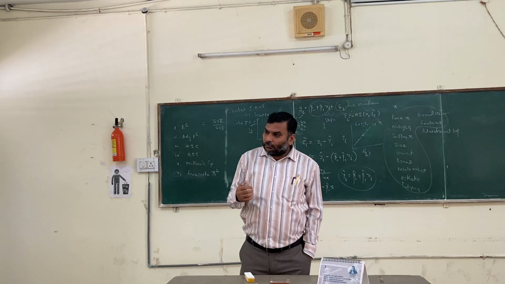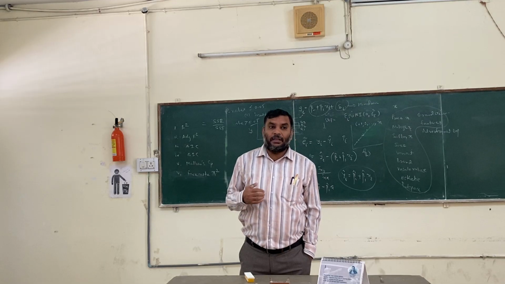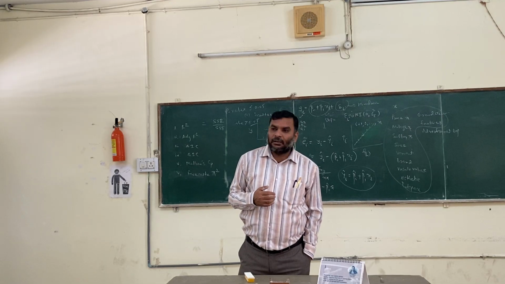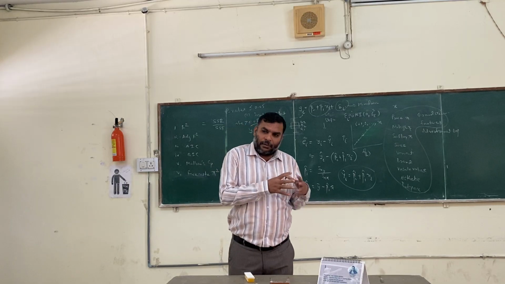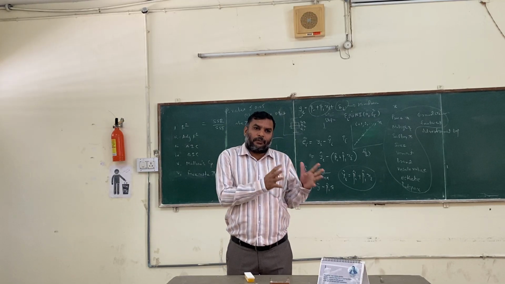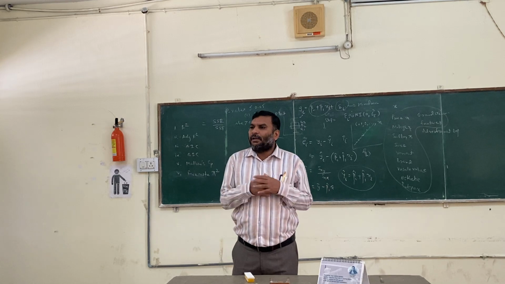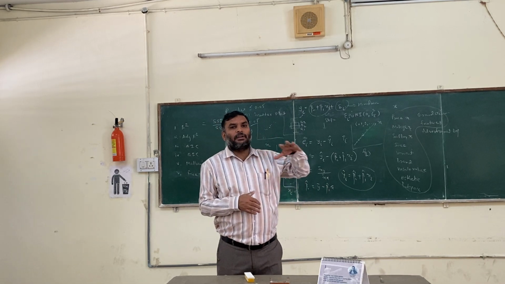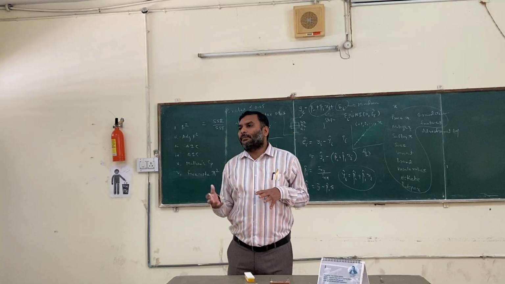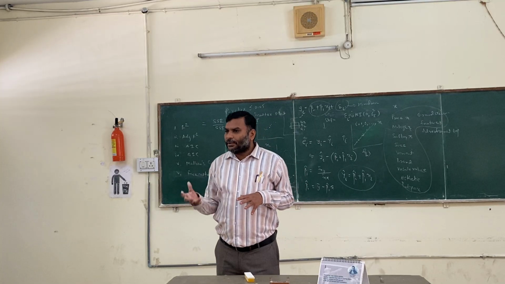Now R square is said to be an in-sample criterion. Why? Because if you have 100 observations, from those you randomly take either 70% or 80% of the observations for model development, and the rest of the observations you use for prediction.